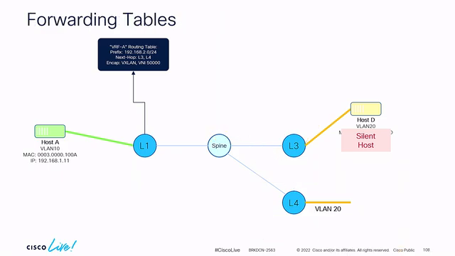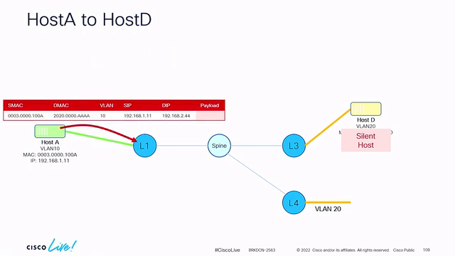So given that, we create at least a routing entry of 192.168.20/24, and L3 and L4 are our next hops in that case. So we would have equal cost multipath at that point. Now, if we do this and we send something, say 111 to 244, host A doesn't know that host D is dormant.